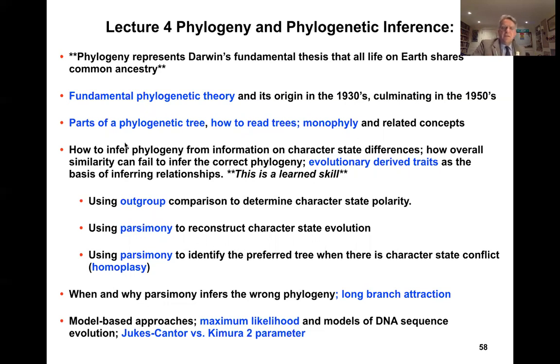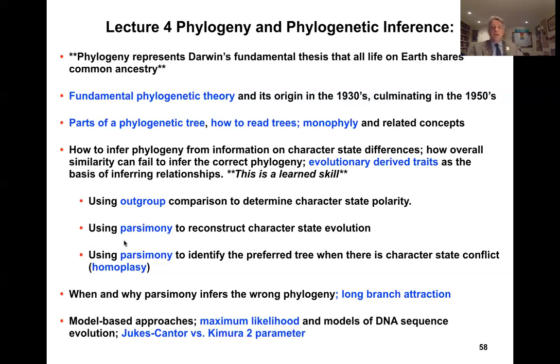You should be able to think about using outgroup comparison to determine character state polarity, as well as rooting the phylogeny. You should think about being able to use parsimony to reconstruct character state evolution, and using parsimony to identify the preferred tree when there's character state conflict or homoplasy.